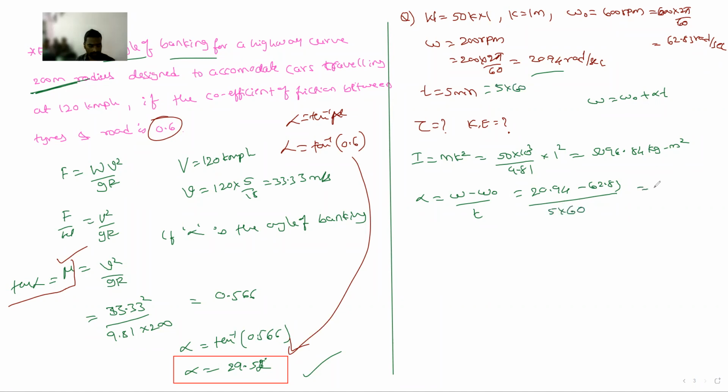So how much is the answer you are getting? No, take it again. 20.94 minus 62.83, put it in a bracket, divided by bracket 5 into 60. Yes, 0.13, 0.1396 radian per second square.